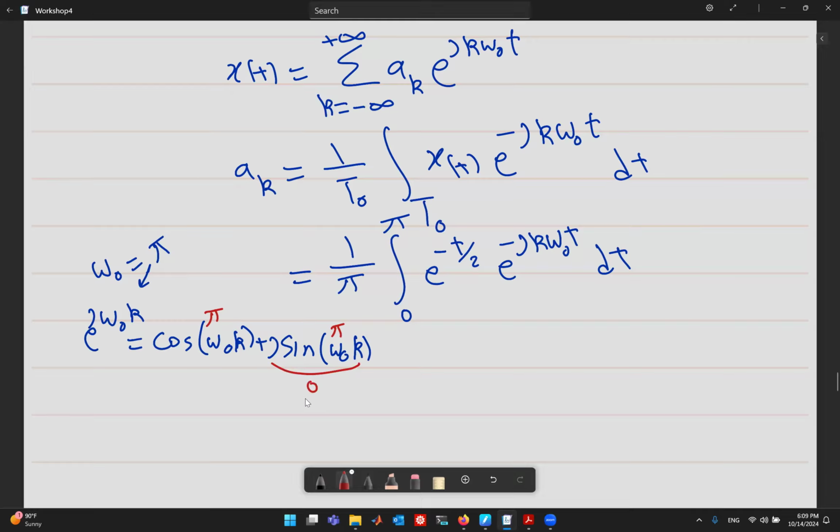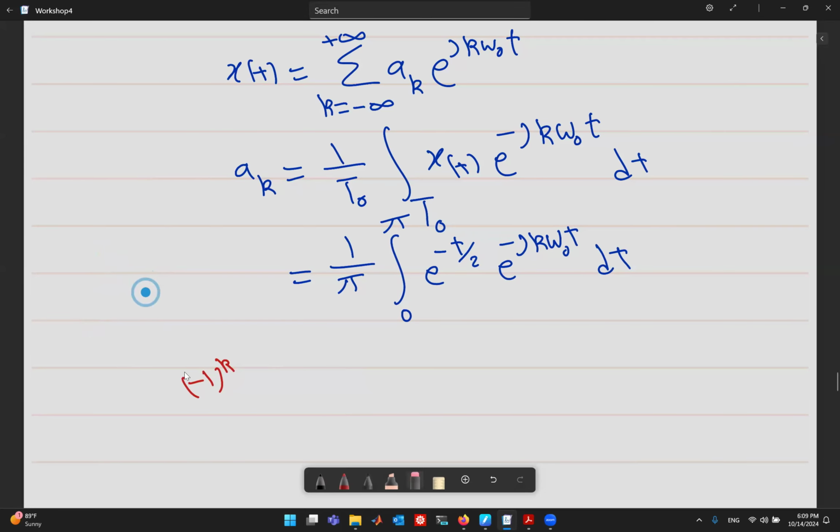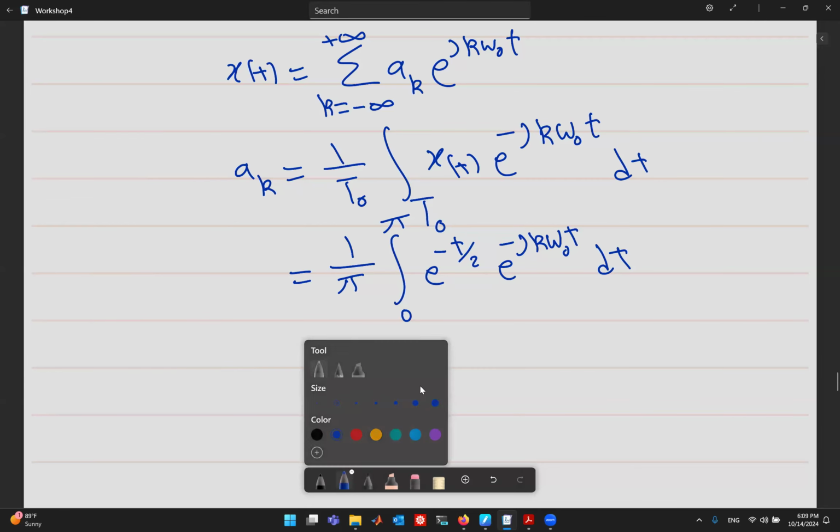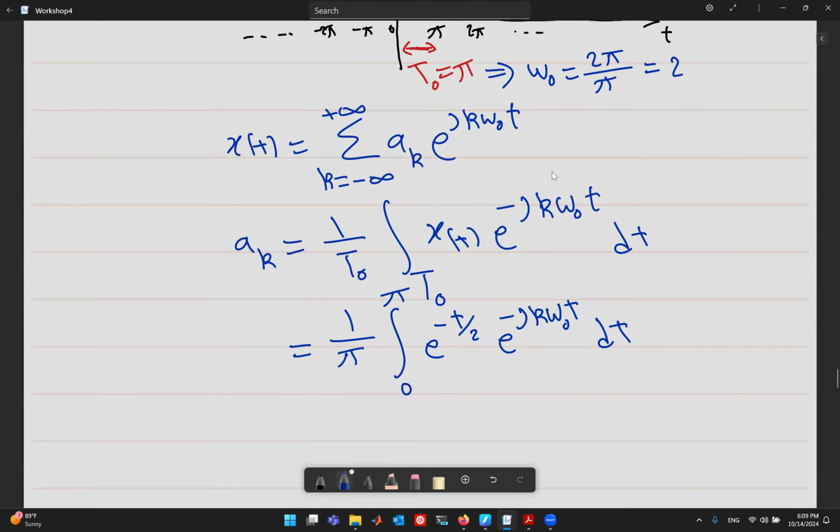This term is always 0, and this term would be just minus 1 to the power k, to alternate between plus 1 and minus 1. So sometimes it's better to plug it in before, just to simplify those terms if they appear, depending on the value of omega naught.